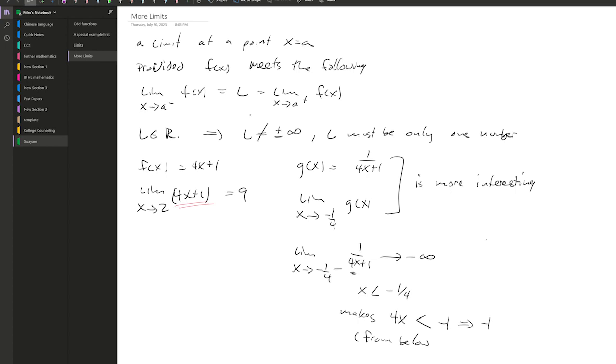And on the other hand, if I talked about the limit as x goes to negative 1 over 4 from above of g of x, in this case 4x plus 1 is a small positive number, and I would go to plus infinity. So the left does not equal the right, and then the limit of x going to negative 1 over 4 of g of x does not exist. Okay, so that's kind of that general idea.